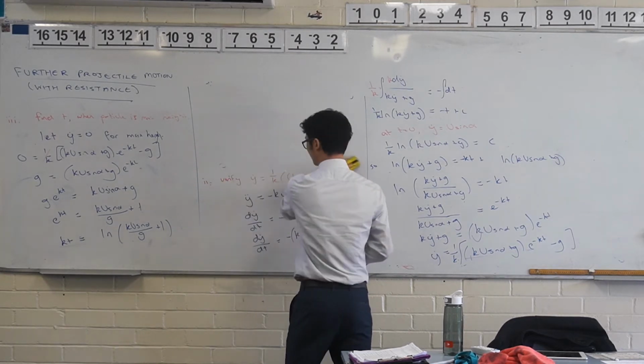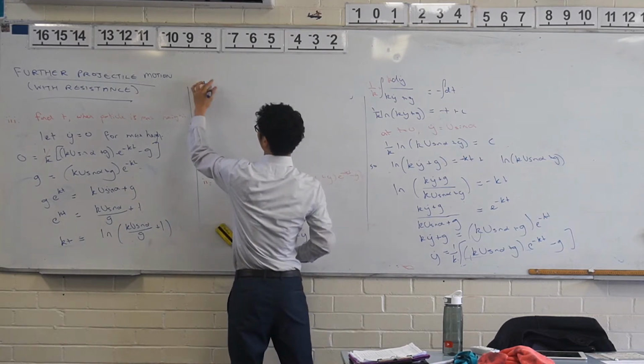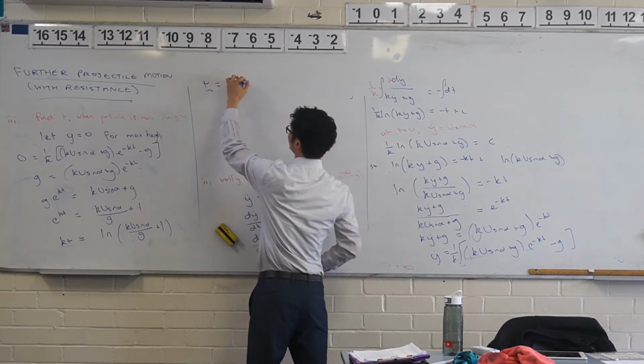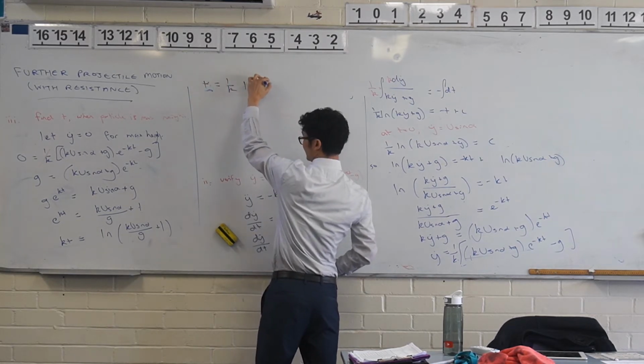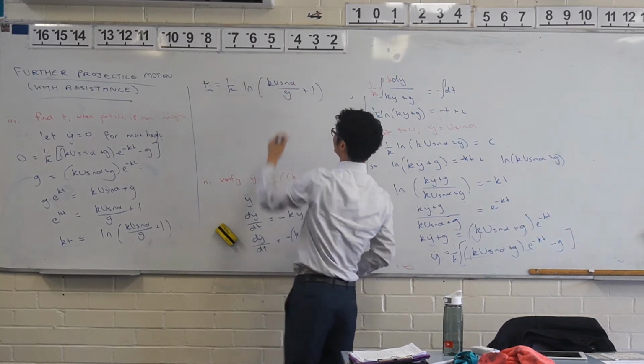Yeah, let's go. t is equal to 1 on k ln of (ku sine alpha on g plus 1). Is that what you guys got?